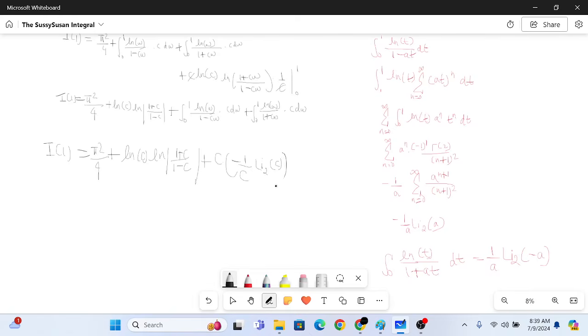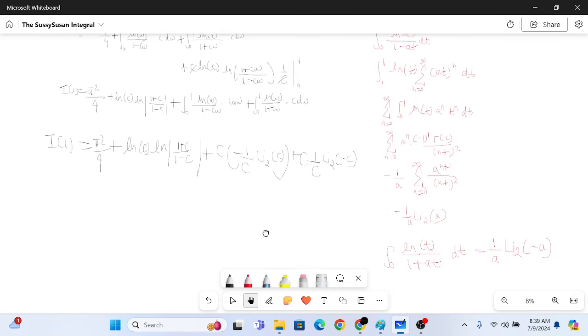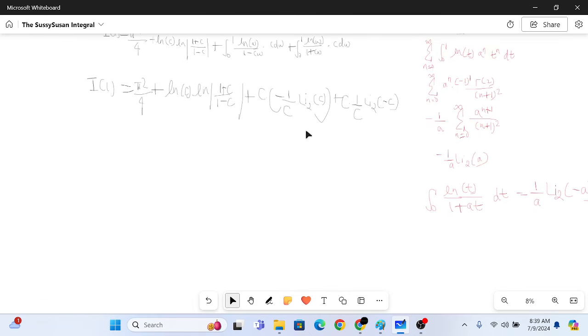Similarly plus, now I can take the c out, this one will be 1 by c Li2 of minus c. Looks good. Now after this, I can cancel the c's. So we get I of 1 as pi square by 4.